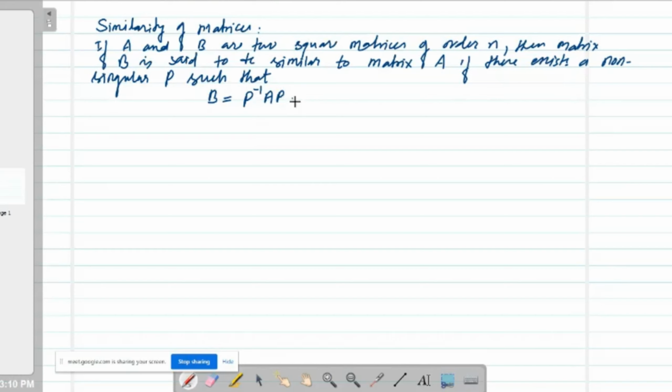Getting? Now we define the diagonalizing matrix. So definition: diagonalization of a matrix.